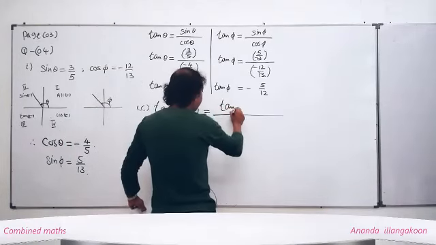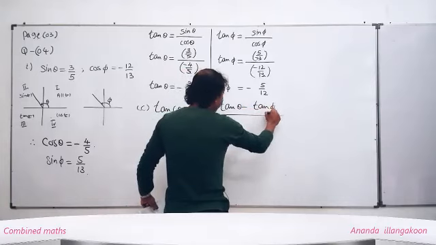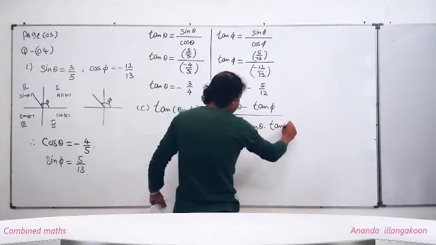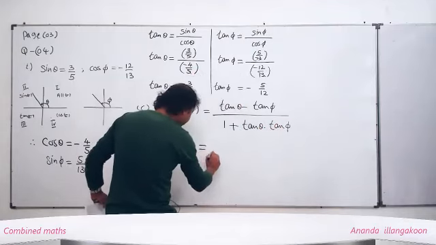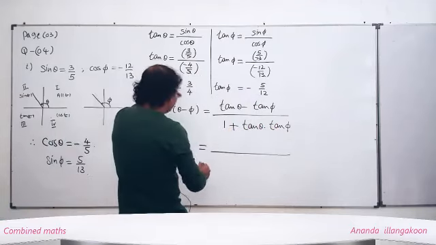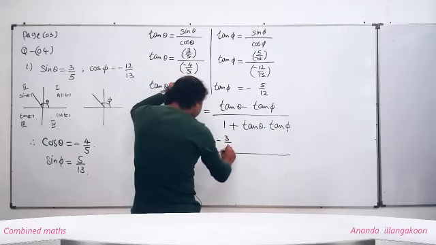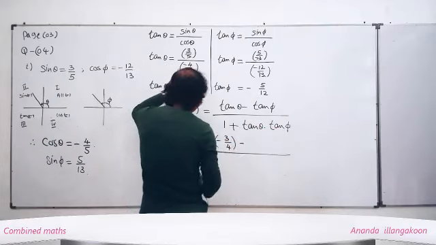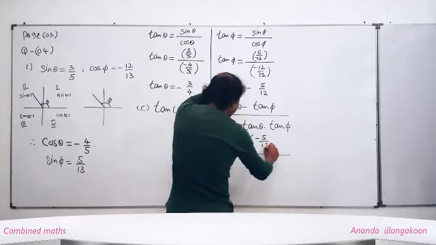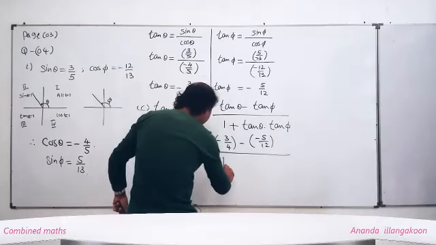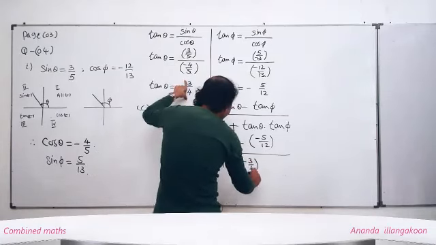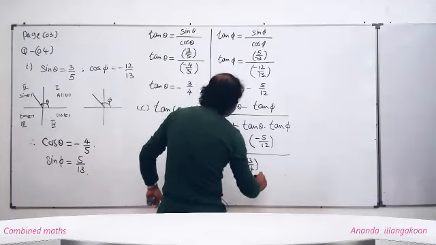Tan theta minus tan phi divided by 1 plus tan theta tan phi. Right. What is tan theta? Tan theta is minus 3 by 4. Tan phi is minus 5 by 12.